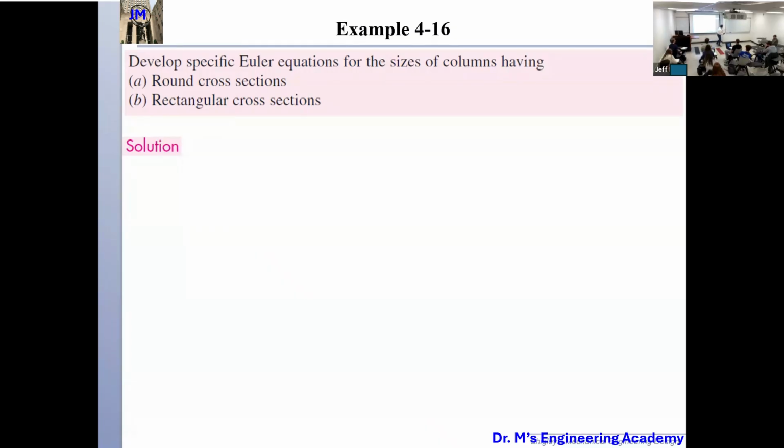Then we only think about this one. Don't believe me? Go home and build something, and apply load to see in which direction. This column with a rectangular cross-section will always lose stability this way.